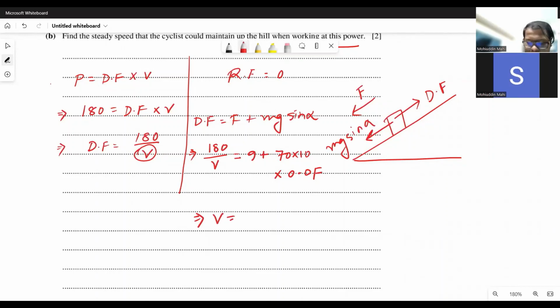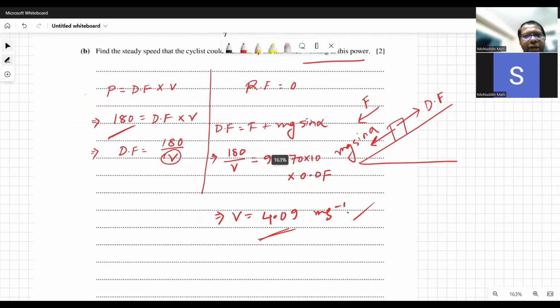The value of V is going to be 4.09 meter per second. So that's the steady speed that the cyclist could maintain while applying a power of 180 watts. So that's all about question 4. Let's move on to question 5.